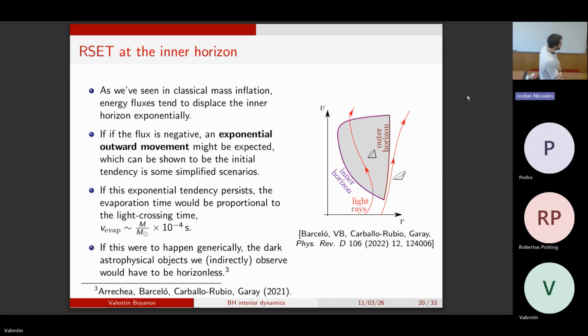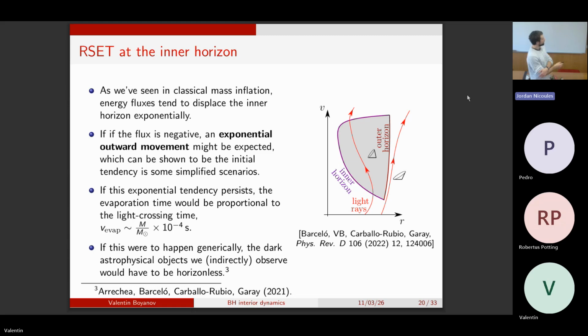And well, as we've seen in the classical mass inflation case, the energy fluxes which cross the inner horizon tend to displace it exponentially because of nonlinearities in the evolution around this horizon.